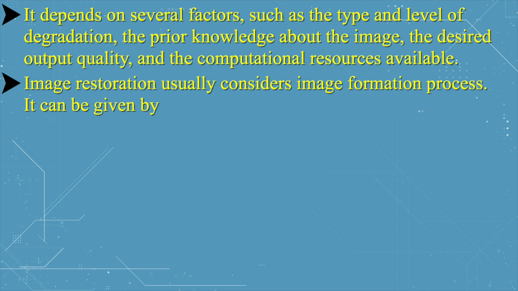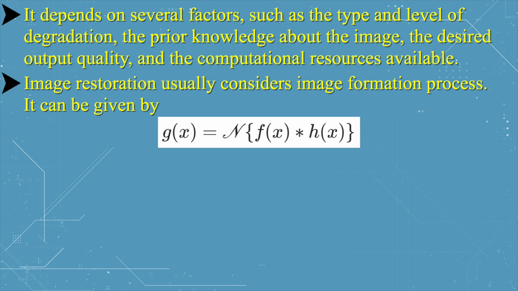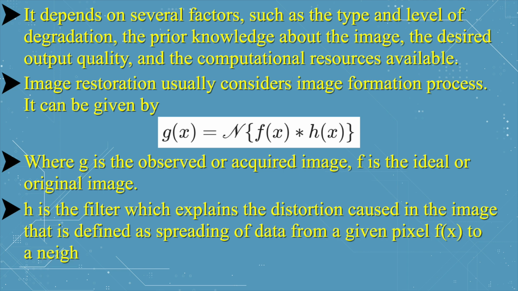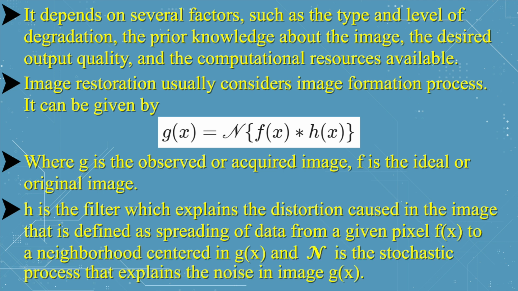It can be given by an equation g(x) = n(f(x) * h(x)), where g is the observed or acquired image, f is the ideal or original image, h is the filter which explains the distortion caused, defined as spreading of data from a given pixel f(x) to a neighboring centered g(x), and n is the stochastic process that explains the noise that is coming into the image.